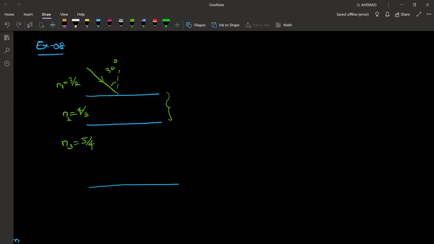Now we have 3 mediums. So what you have to do is complete the ray diagram. How is the light going to get refracted in each medium? Does it get refracted towards the normal or away from the normal?